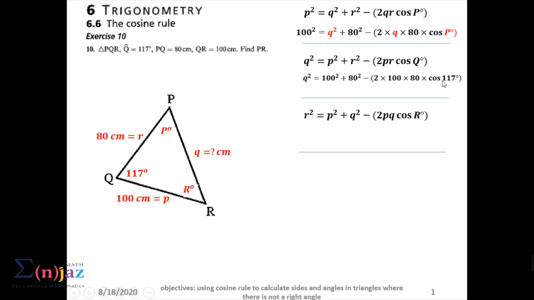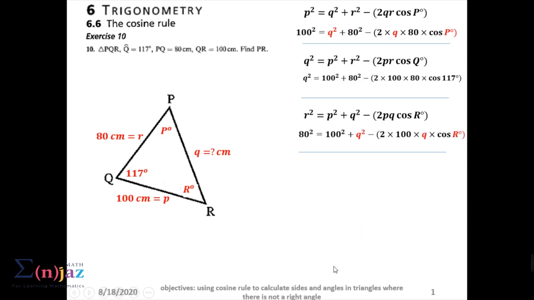So cosine of 117. As you can see here, the only unknown in this formula is q, which I can just insert into my calculator and find the answer.